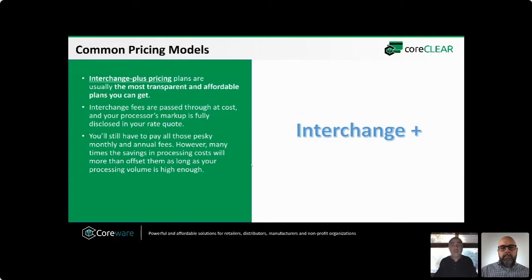Typically, you are paying some other fees because the acquiring bank has costs in terms of generating the monthly statements and several other costs involved. Interchange Plus is a good pricing model to follow, especially if you're really looking to cut as much cost as possible, and you don't need any type of predictability, and you're a certain size.